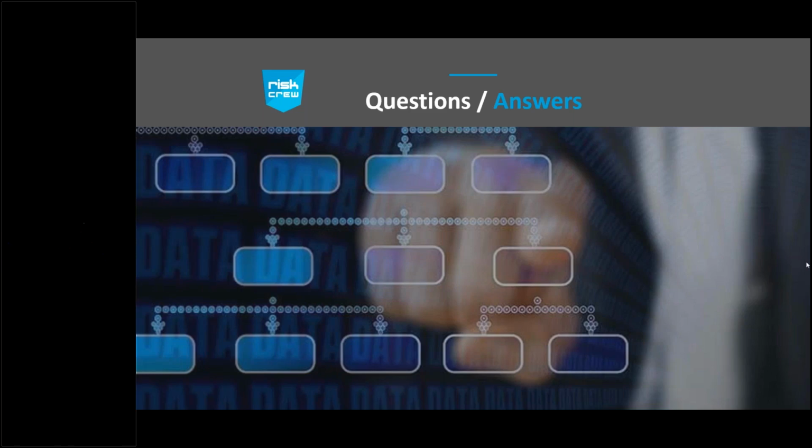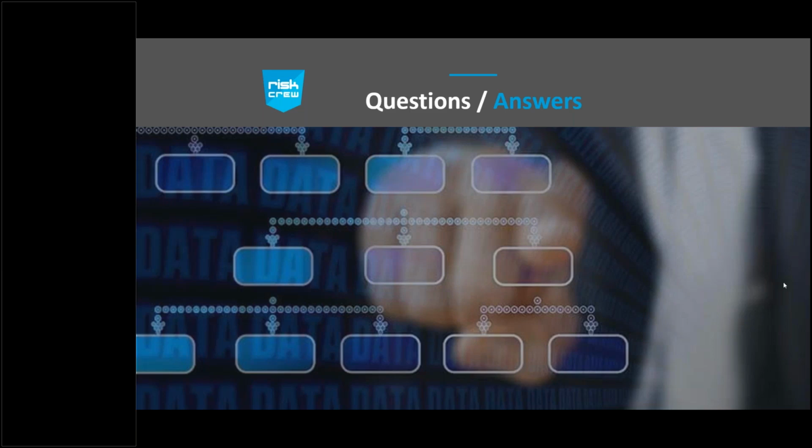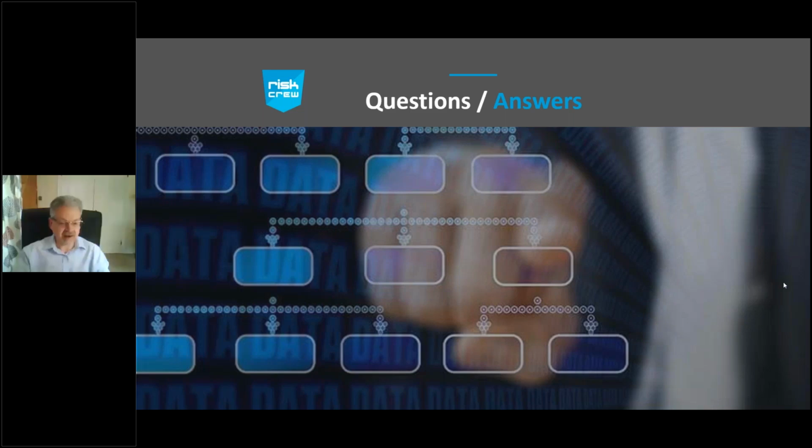Another question is, if I will be processing personal data obtained from a third party, what obligations do I have to check that it has been obtained in an appropriate manner? That all comes down to the lawful basis for processing that information.